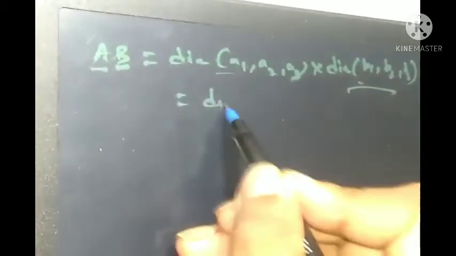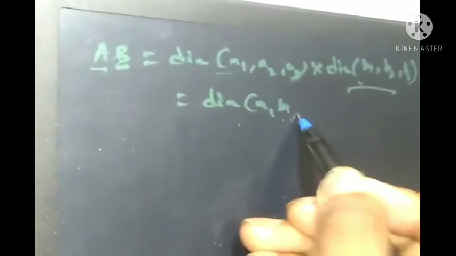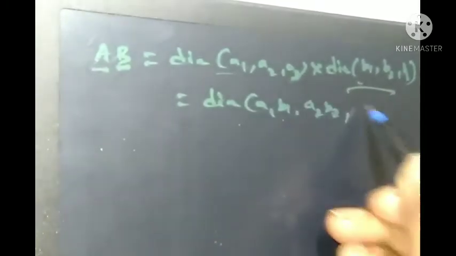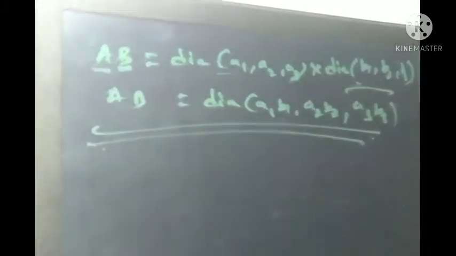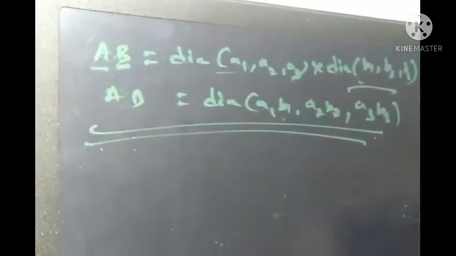This gives diagonal of A1B1, A2B2, A3B3. This is the multiplication of two diagonal matrices.